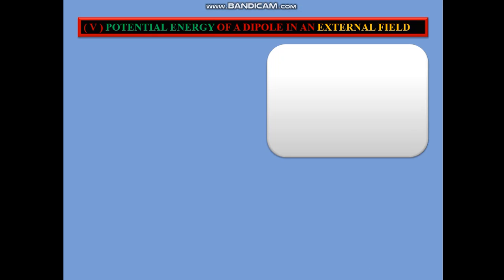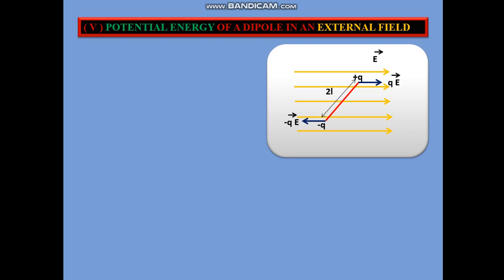Now let us consider the potential energy of a dipole in an external field. Let us have this external field E vector. We have a dipole, minus q and plus q, separated by distance 2l. We have the force on this side as plus q E vector and minus q E vector. So it acts as a torque which gives it a rotational motion at an angle theta.